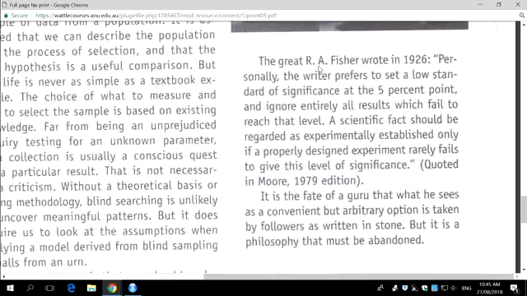You get more stars if you're significant at lower levels of 0.01 or whatever. But 0.05 is kind of like the gold standard, right? And it's the gold standard because he said that. Now, if you look at what he actually said, it doesn't marry up with what people do, right? He said, a properly designed experiment.